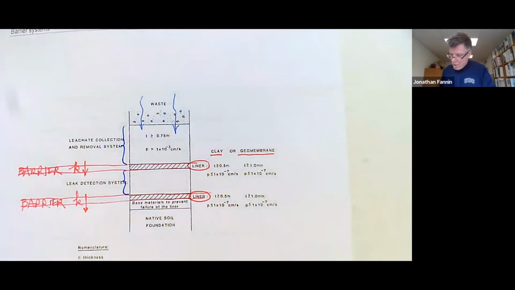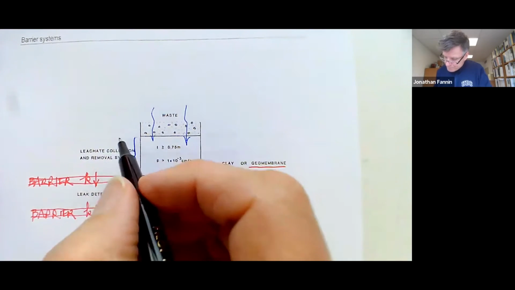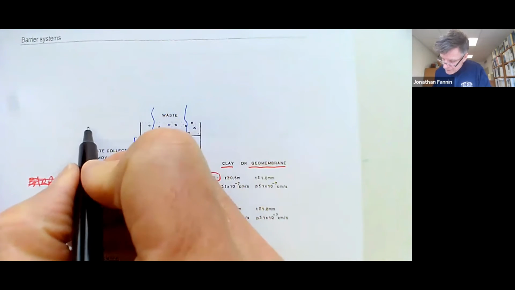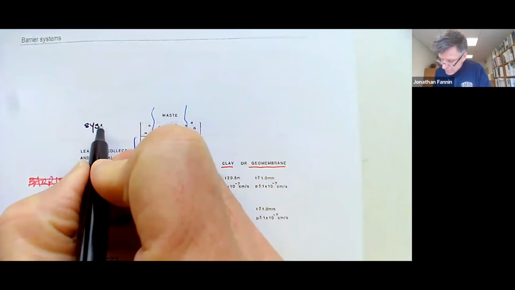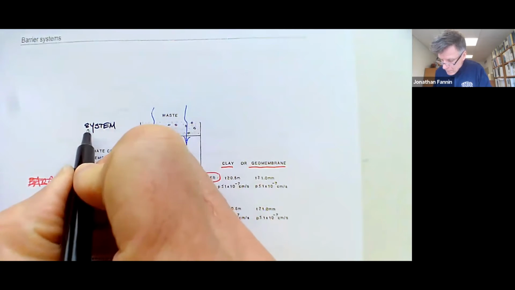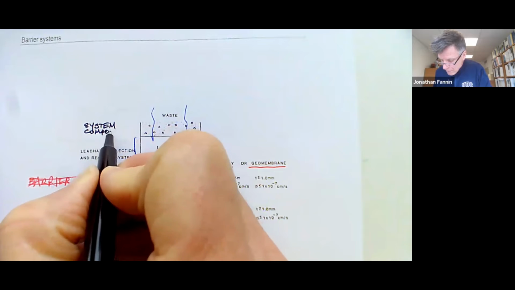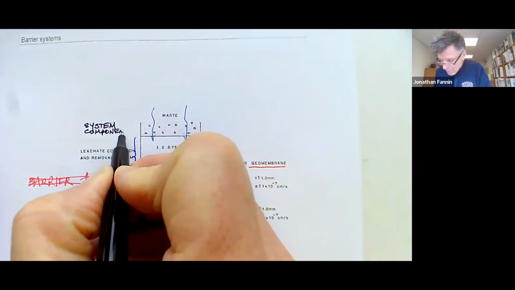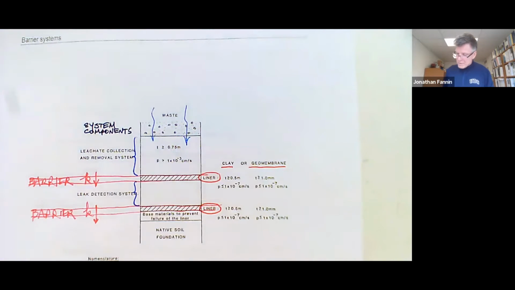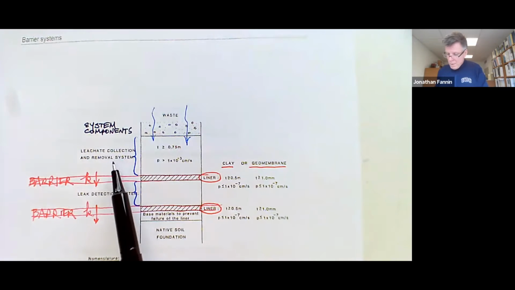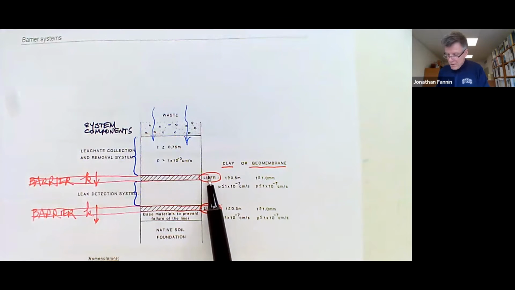These are the components. Let's view this as the system. Components: leachate collection system, primary liner, leak detection system, second liner.